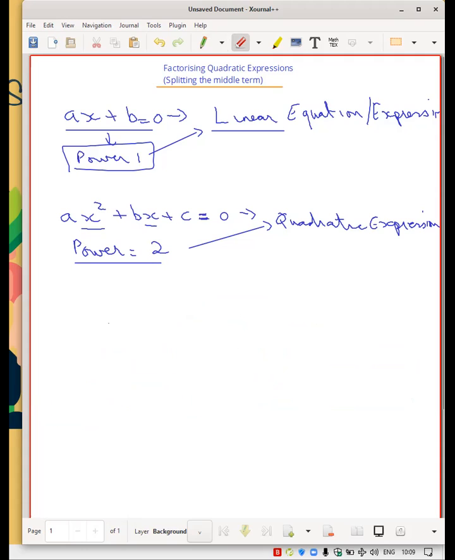Okay. So now tell me, when we were doing splitting the middle term, we had a squared plus 2ab plus b squared. Was this a quadratic expression?